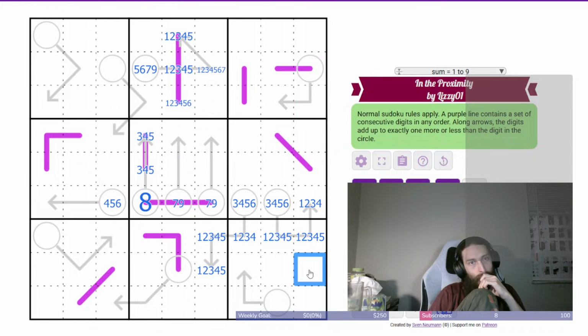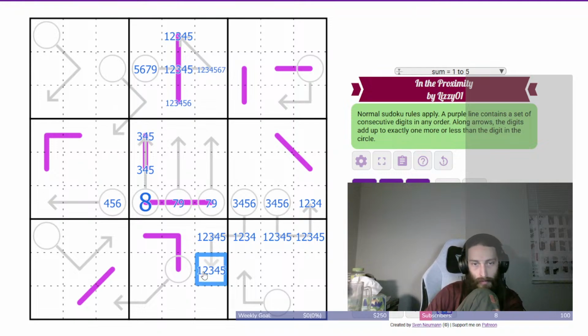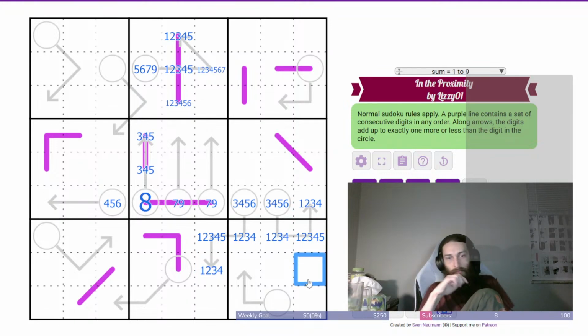Well, in the one that comes down into box 8, the bottom of the arrow can't be a 5 either, because it would have to have 2 1s. And I think this one can't either, because those would be 2 1s. Cool.